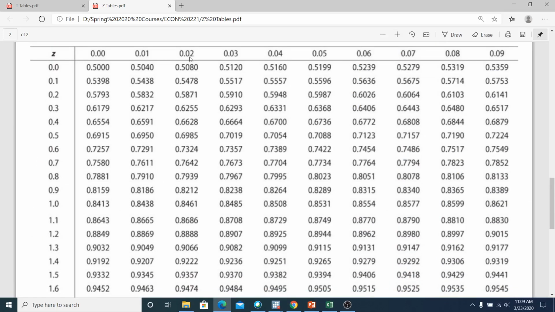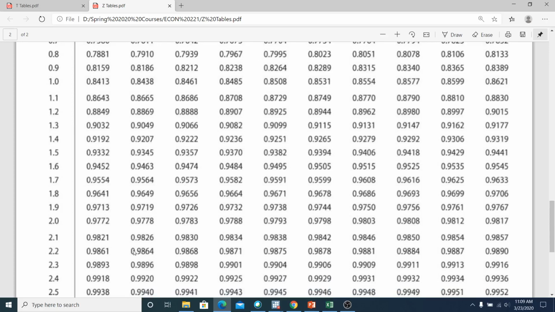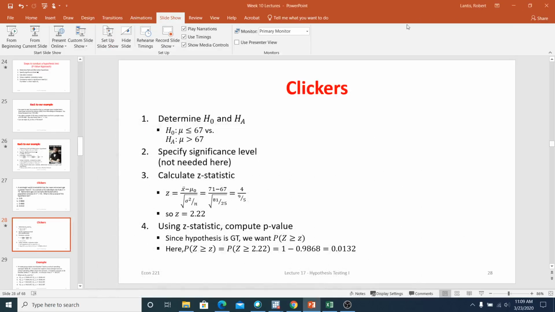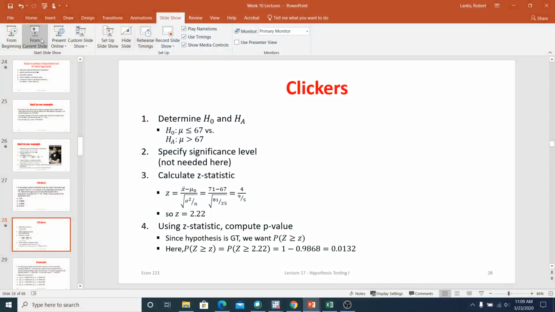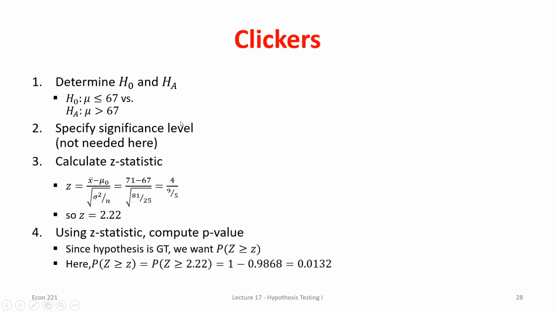So here's the 2.22, so I'll go 2.22, 0.9868 is going to be the area to the left of that, and I'll subtract it from 1 to get the area to the right of 2.22. So here's my p-value of 0.0132.